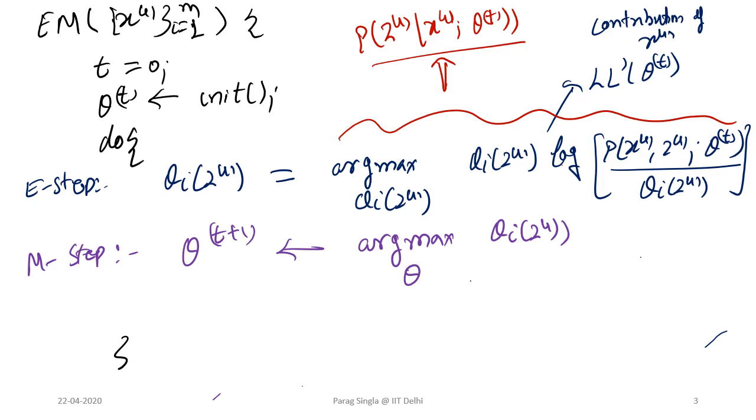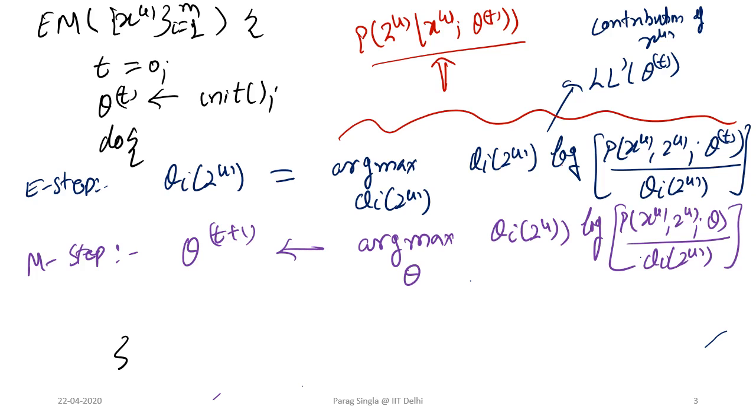So now we know what the Q_i(z_i) are, and we want to maximize this lower bound as a function of theta, and then maximize this with respect to theta parameters. This is our M step. Maximizing this with respect to theta will give us a new theta t plus 1, which will now lead us to constructing a new lower bound at theta t plus 1, which is the E step, and then again the M step at this newly constructed lower bound.